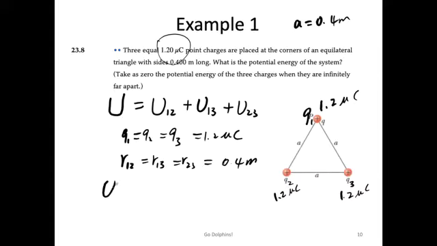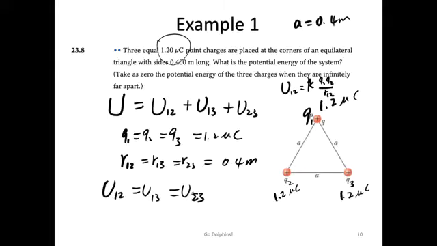So we have U12 equals U13 equals U23, from the potential energy of 2 point charges, K Q1 Q2 over R12.